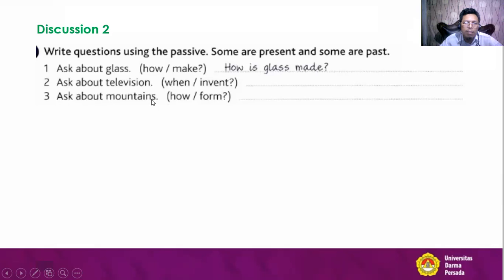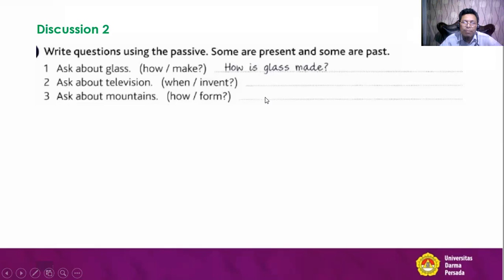What about ask about mountains and then how and then from? Of course, you start with how, and then you have to think about the to be. Mountains, is it singular or plural? How do you know this is plural, for example? Oh, because we have mountains with s, so we are supposed to use plural to be.